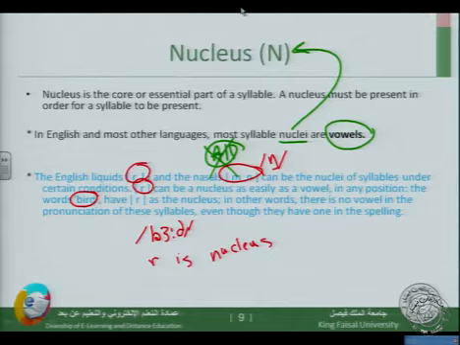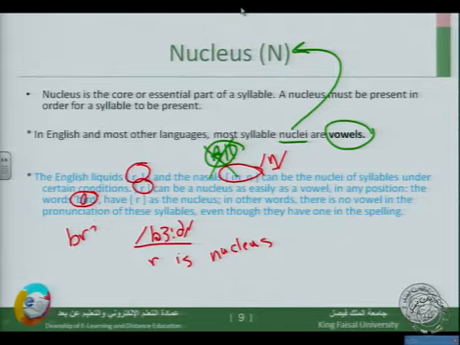In other words, there is no vowel in the pronunciation of these syllables, even though they have one in the spelling. لاحظوا موجود الآي لكن في اللفظ مش موجود. الموجود liquid air.